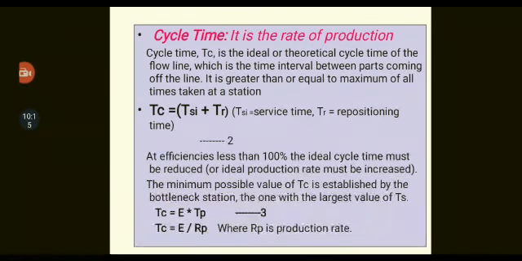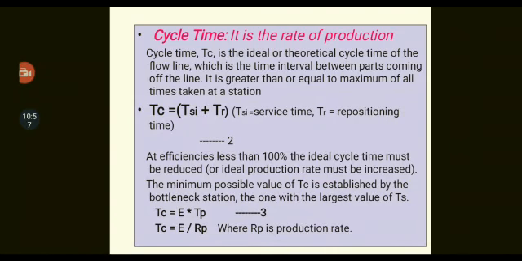It is greater than or equal to the maximum of all times taken at a station, and it is represented by TC, where TC is given by TSI plus TR. TSI means service time and TR is repositioning time. The abbreviations are more important in this particular unit.